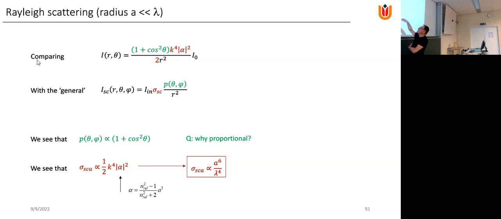So we can combine these or split these terms, and we see that the phase function here, P of theta phi, is going to be proportional to the terms that describe angle in the top equation. So just aside, why proportional? Why not equal?